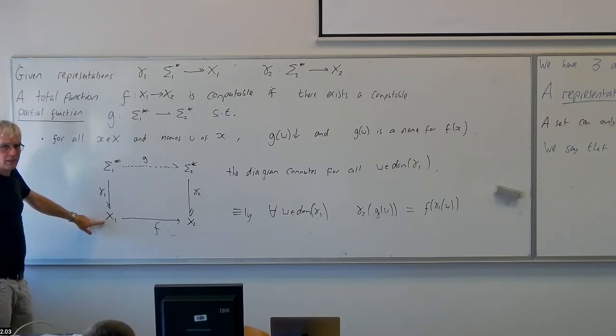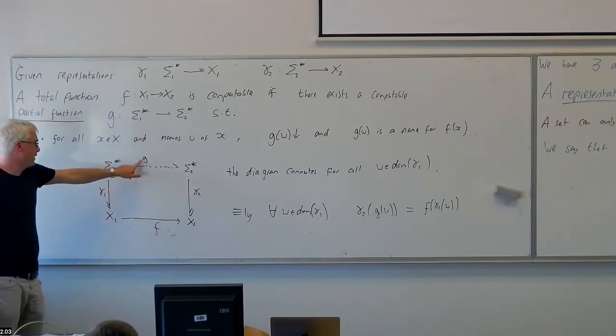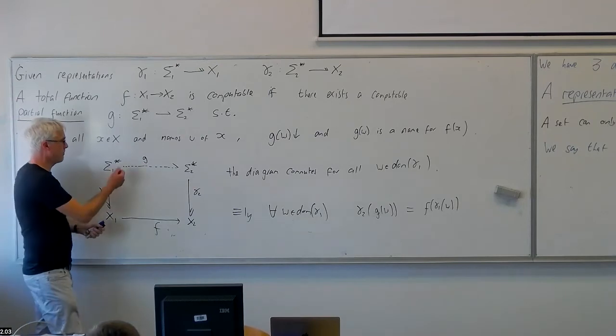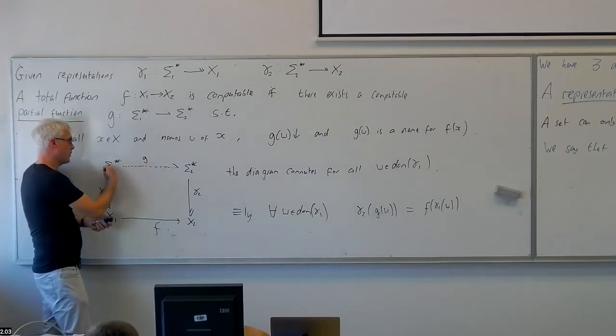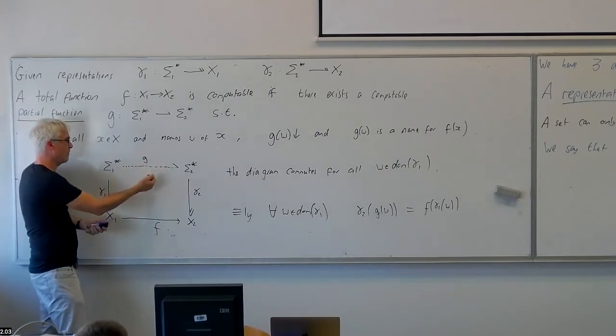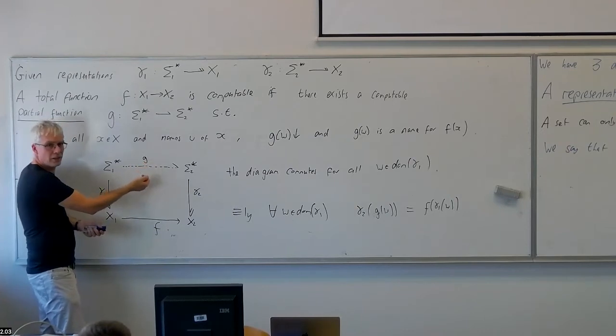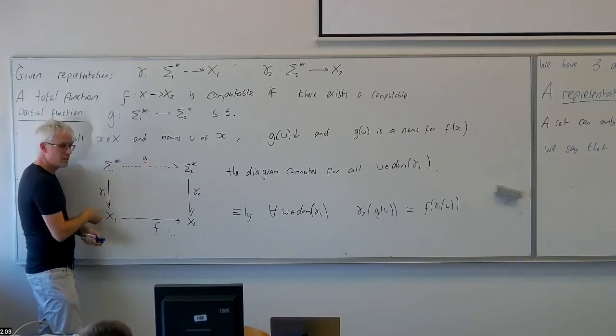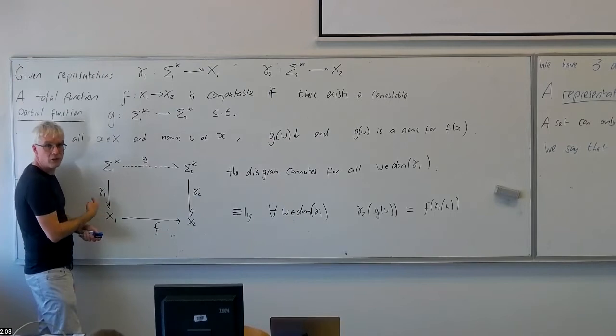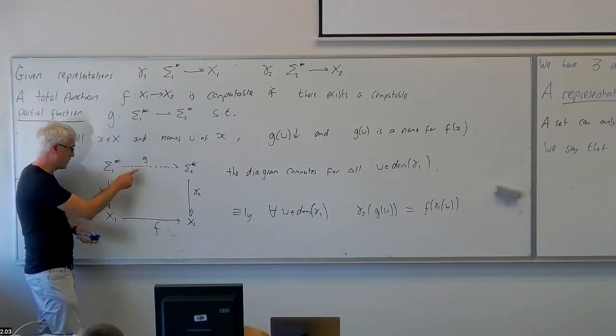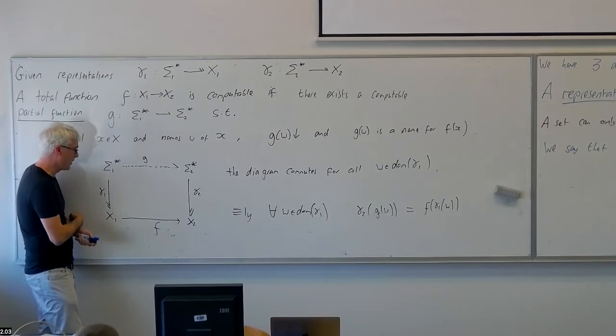It doesn't matter what the function on words, computing F, does on words that are not names for elements of X1. So it's okay to allow G to be undefined on words that do not belong to the domain of gamma 1.